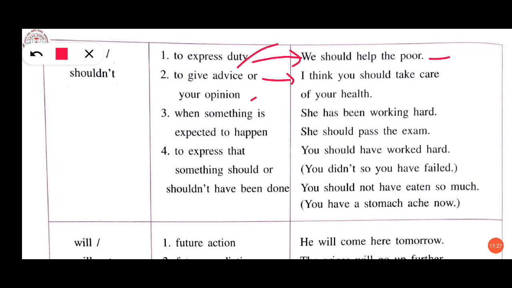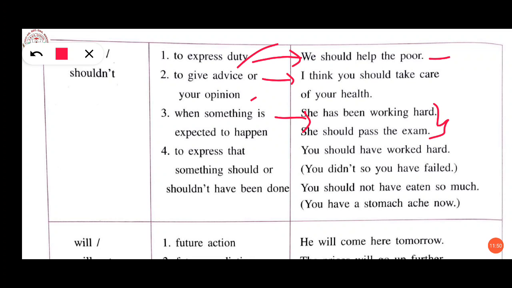Now the third one, when something is expected to happen. She has been working hard. She should pass the exam.